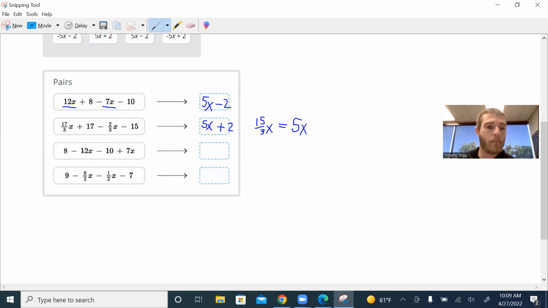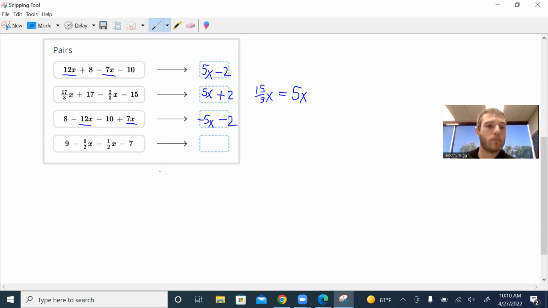All right, next one, negative 12x plus 7x. Again, combining like terms. These are both x's. Negative 12 plus 7 is negative 5x. And then 8 minus 10 is negative 2. Here you have more negatives. This one, similarly with adding or subtracting fractions, you want to have the same denominator. We do in this case.